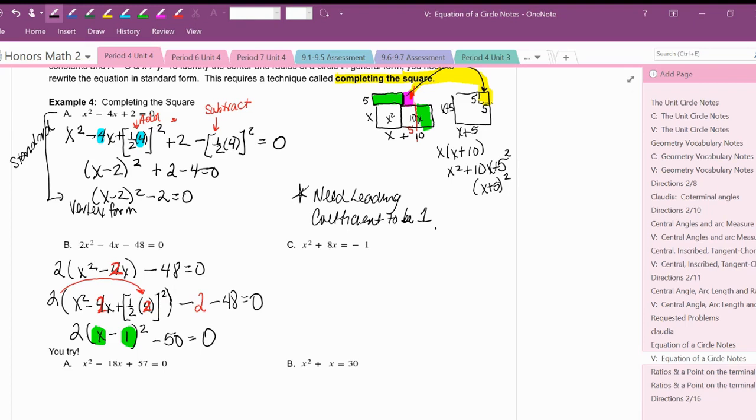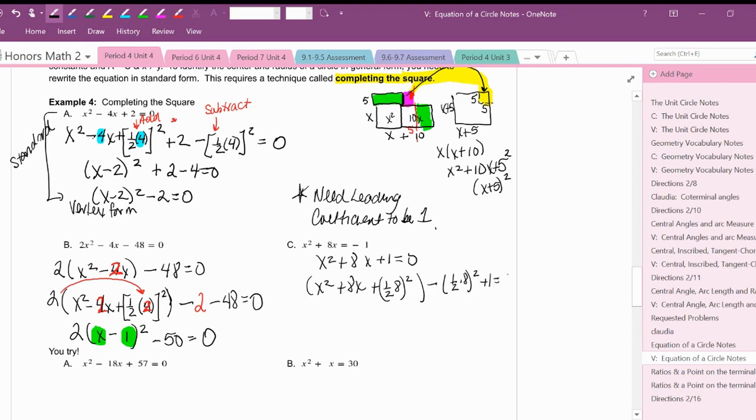All right, one more. We can bring that over if we wanted to make one side equal to 0. That's what we usually do when we try to solve quadratics. The leading coefficient is already 1. So I have x squared plus 8x plus half of 8 squared. Then I have to take away half of 8 squared.